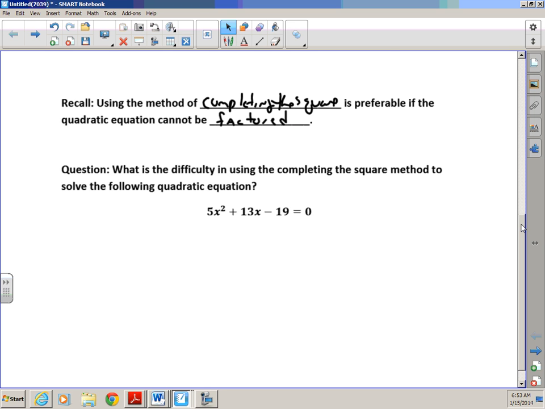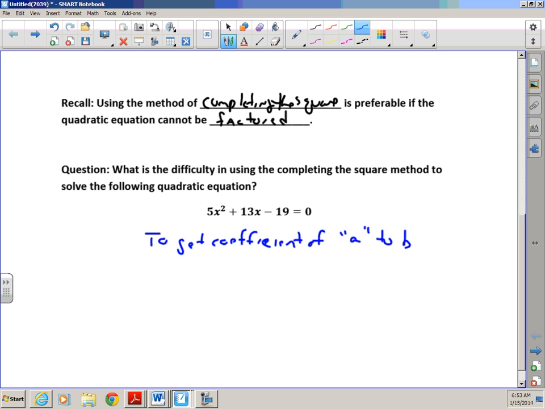Well, hopefully you're saying to yourself, to get the coefficient of a to be 1 results in fractions that are difficult to work with.